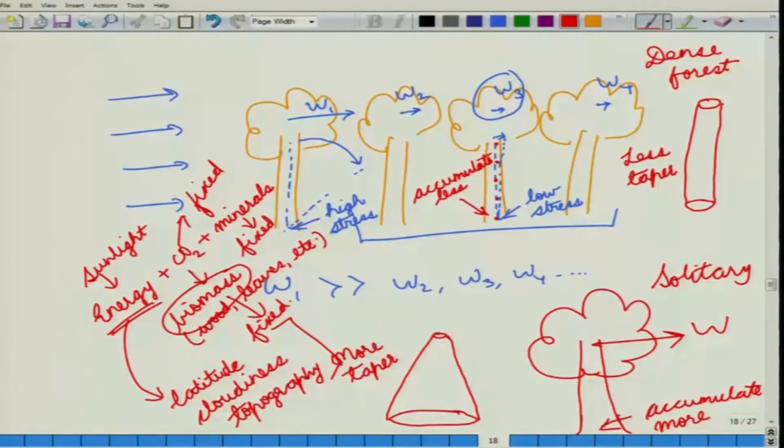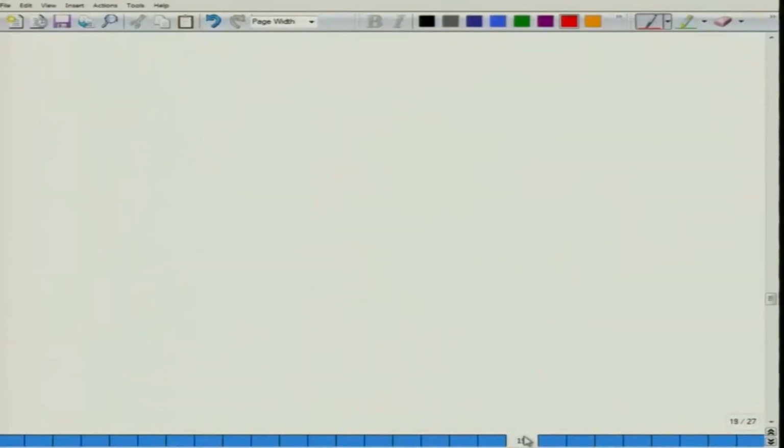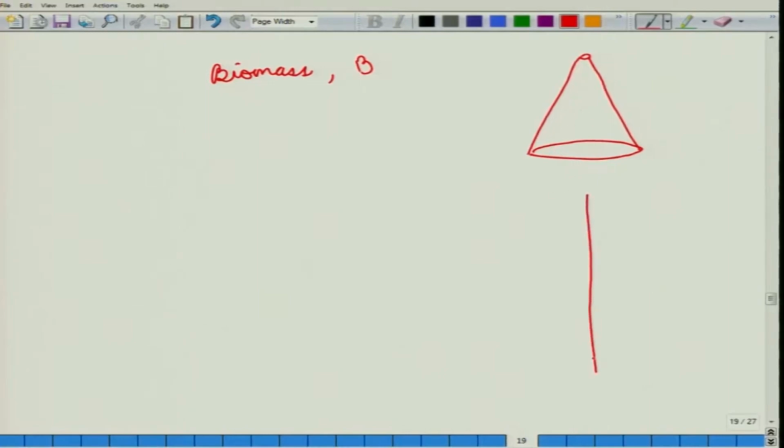So, now if a tree has to distribute that biomass, suppose we consider a biomass B. Now, suppose a tree has to deposit lots of biomass here at the bottom, because the amount of biomass that it has is fixed.